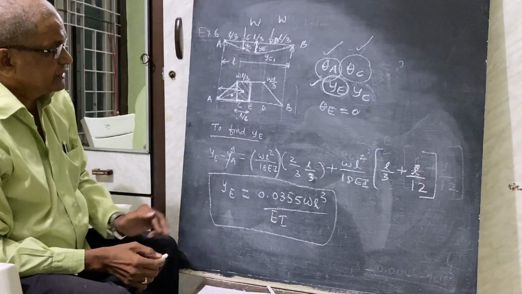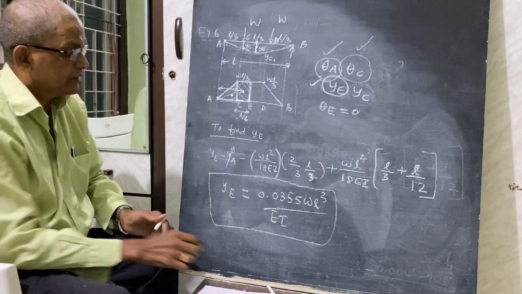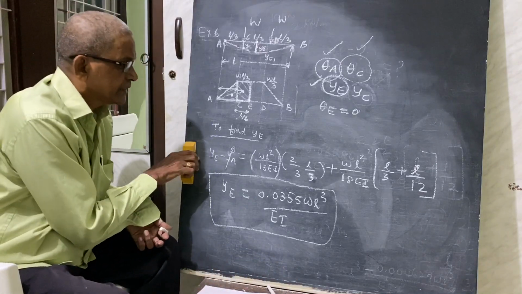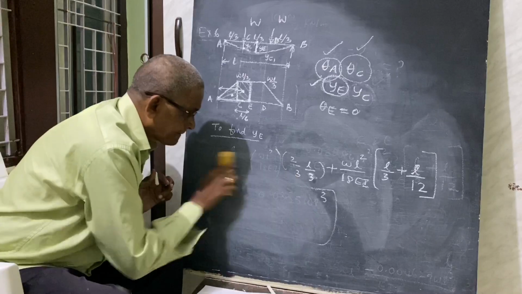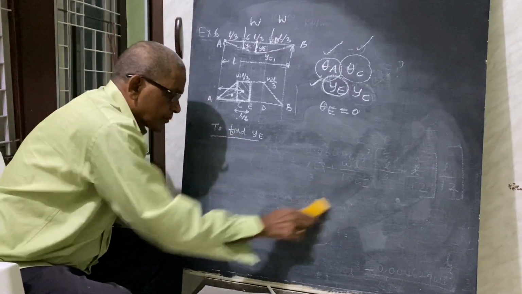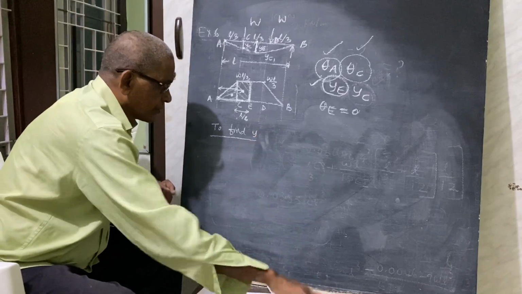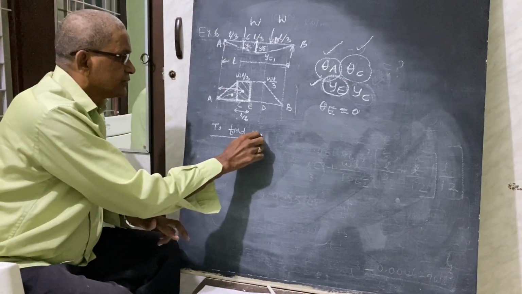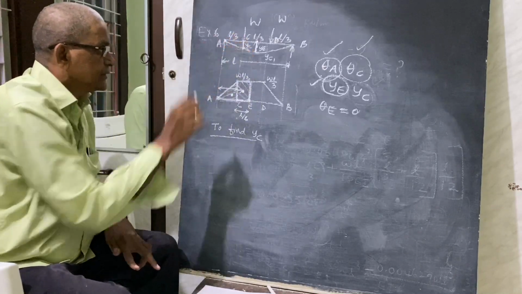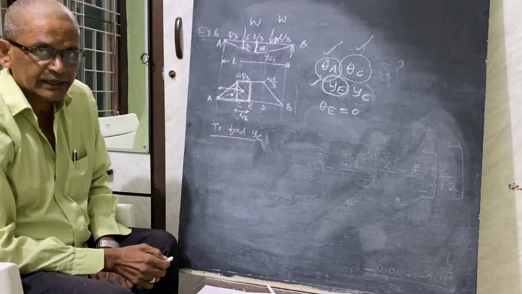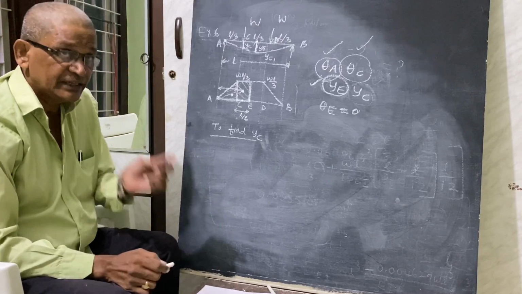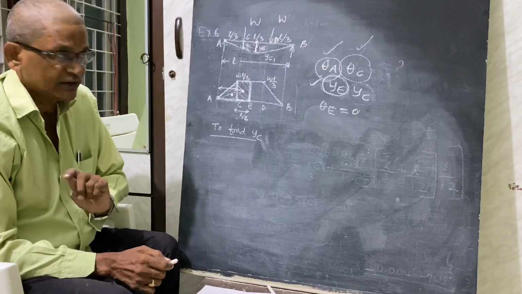So the last one we have to find out is YC. To find YC next, you cannot get YC directly because Moore's second theorem will give you the difference of deflection between two points.